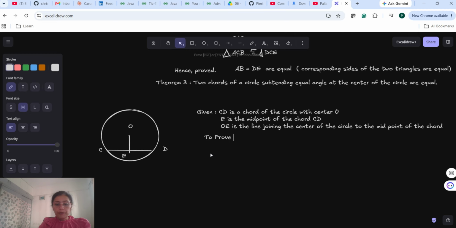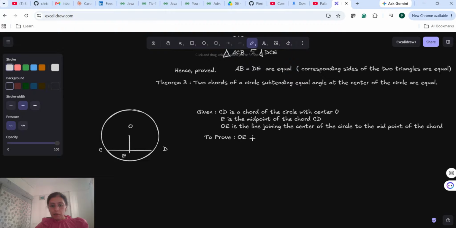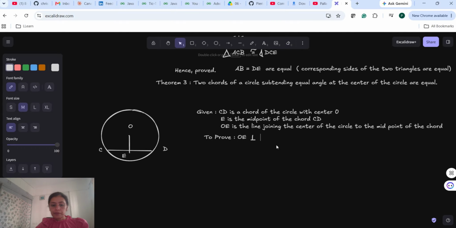To prove: OE is perpendicular to CD. So what we need to prove is this line joining the center of the circle to the midpoint of the chord is perpendicular to the chord. OE is the line joining the center to the midpoint of the chord, CD is the chord. So we have to prove OE is perpendicular to CD.